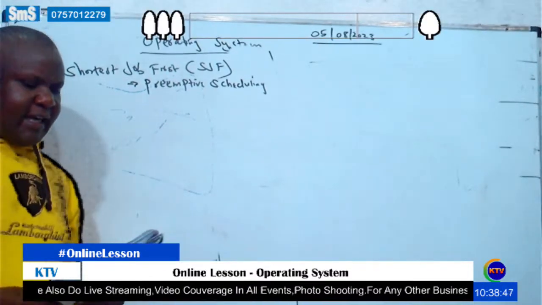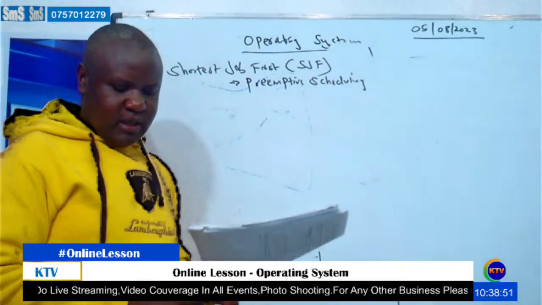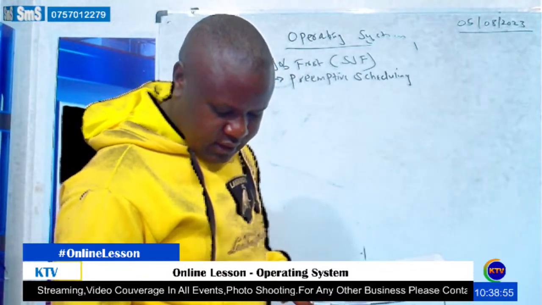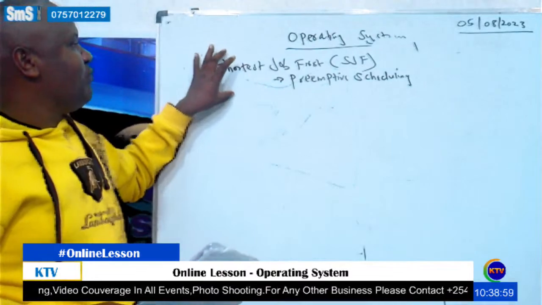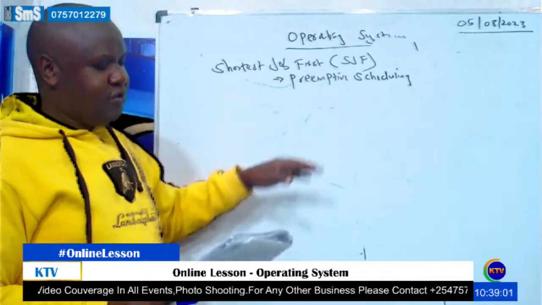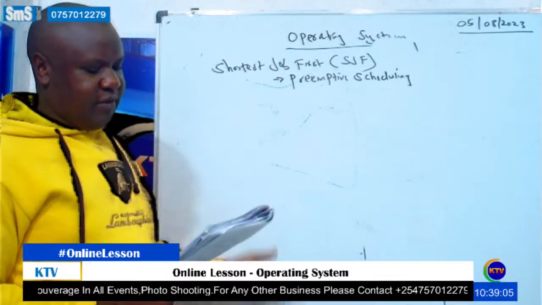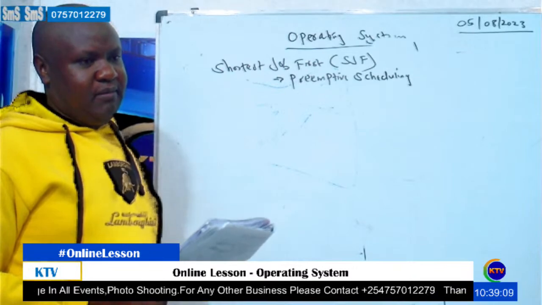It is a non-preemptive scheduling algorithm, that's what we have said, but in most cases it uses preemptive scheduling. One of the advantages of this kind of algorithm is that it is optimal and guarantees the minimum average waiting time.